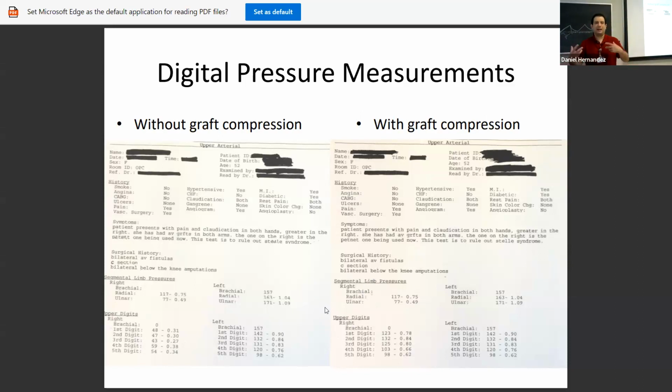So what's going on is that fistula is stealing the blood flow from going to the hand, creating slow flow or reduced flow going to that hand.